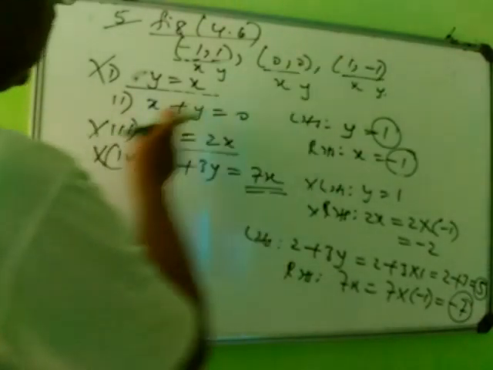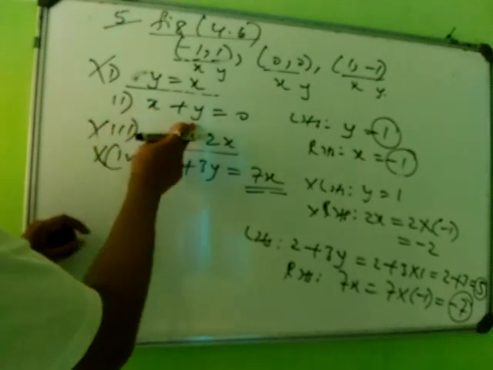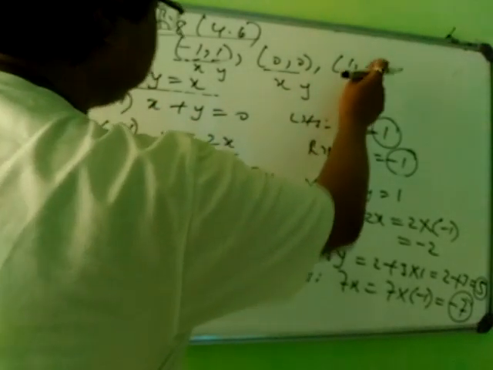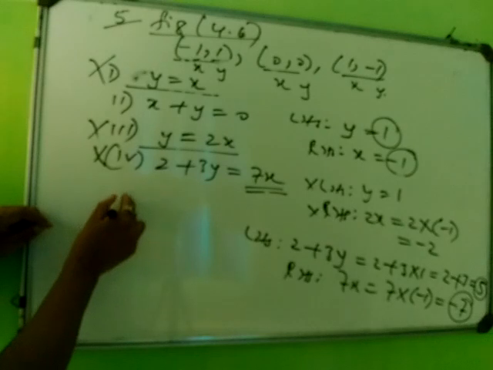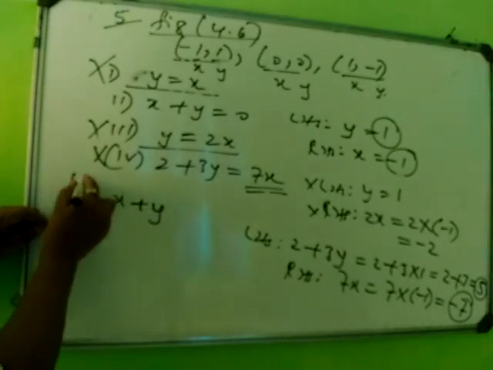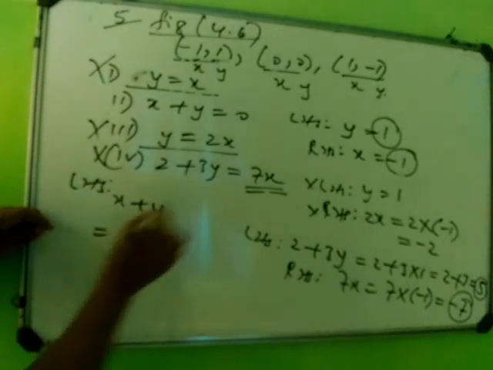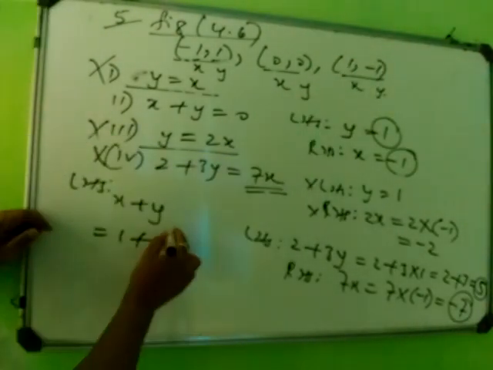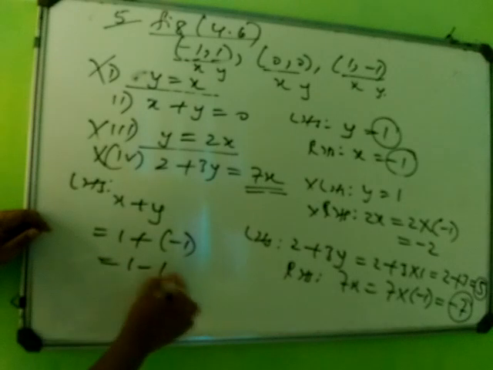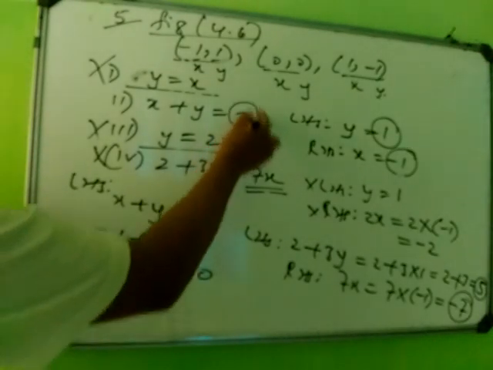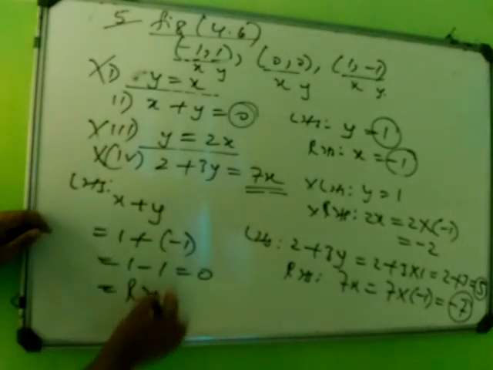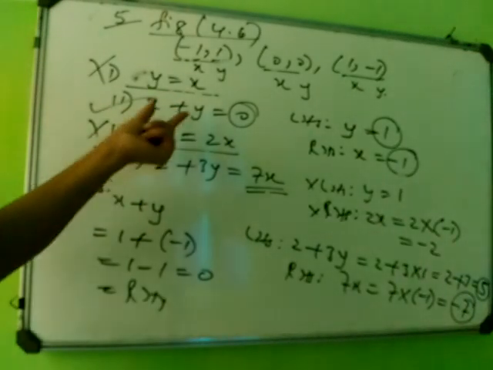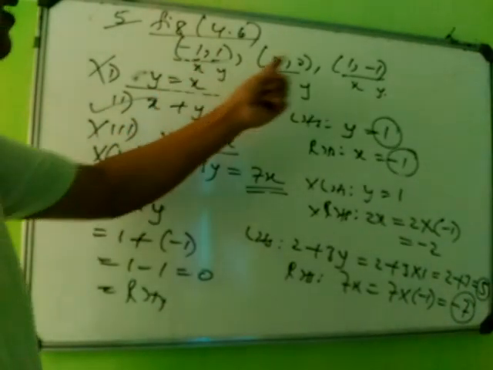Next you take x as 1, y is minus 1. You take x plus y on the left hand side: x is 1 plus y is minus 1, so it will be 1 minus 1. We have got 0, equals 0, the right hand side.